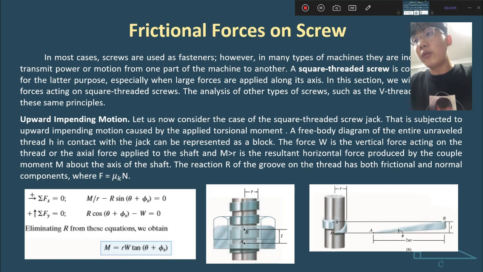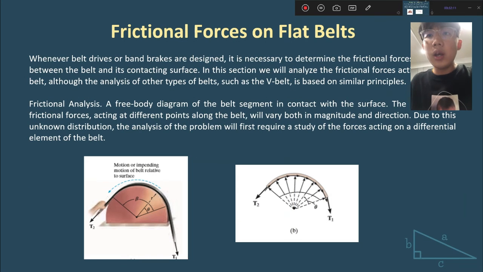Moving on is the frictional forces on a flat belt. Whenever belt drives or band brakes are designed, it is necessary to determine the frictional force developed between the belt and its contacting surface. In this section we will analyze the frictional force acting on the flat belt, although the analysis of other types of belts, such as the V-belt, is based on similar principles.